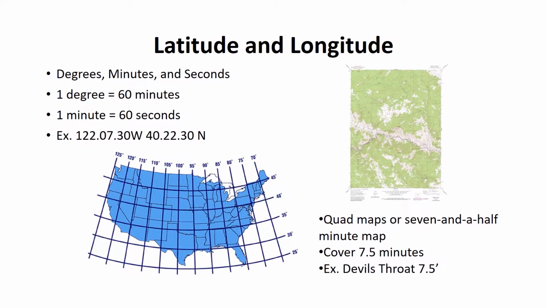These are broken up into degrees, minutes, and seconds. 1 degree equals 60 minutes, 1 minute equals 60 seconds, and so on. So for example, that is 122 degrees, 7 minutes, 30 seconds west, and 40 degrees, 22 minutes, 30 seconds north. And so you would plot yourself on a map using that.